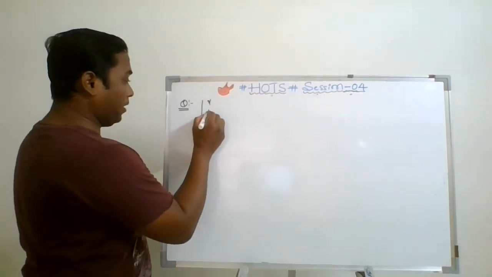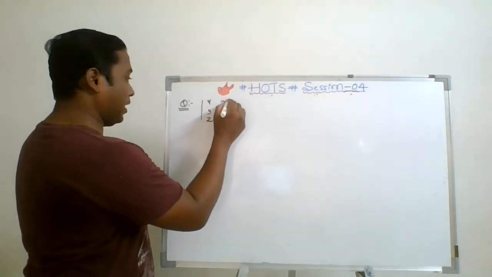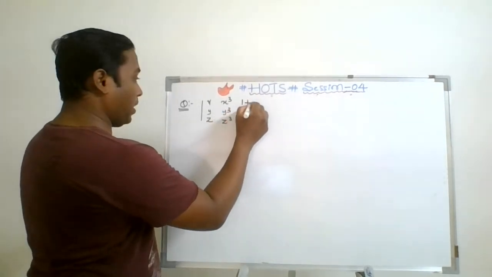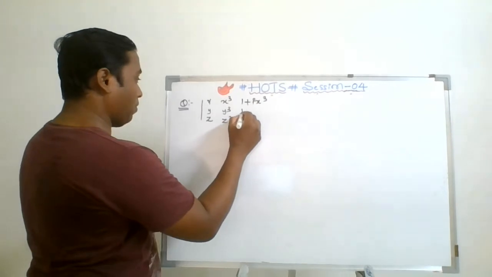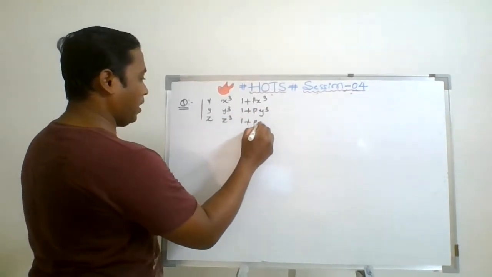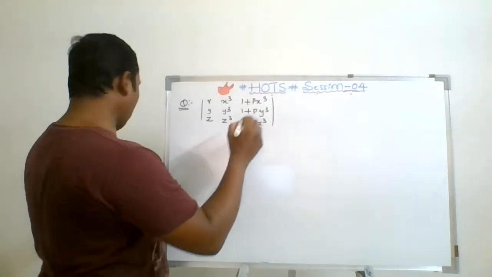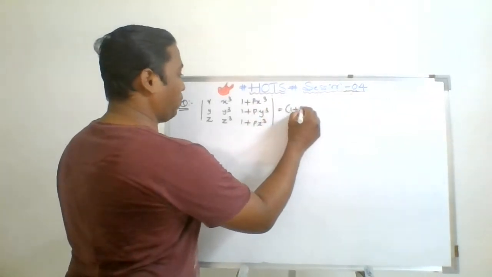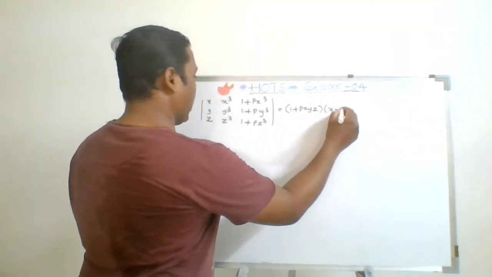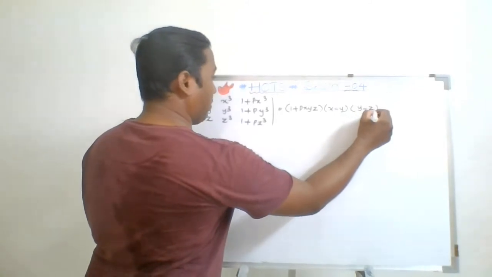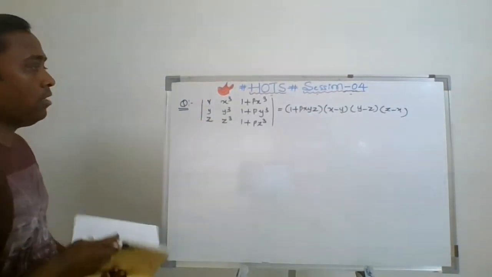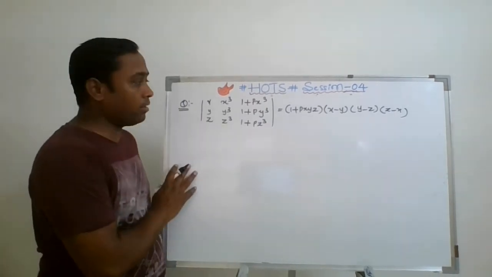If I take x, y and z, and it is x cube, y cube and z cube, then 1 plus px cube, 1 plus py cube, 1 plus pz cube is equal to, we have to prove that 1 plus pxyz into (x minus y) into (y minus z) into (z minus x). I'm just writing the question here. I'm not explaining this here.